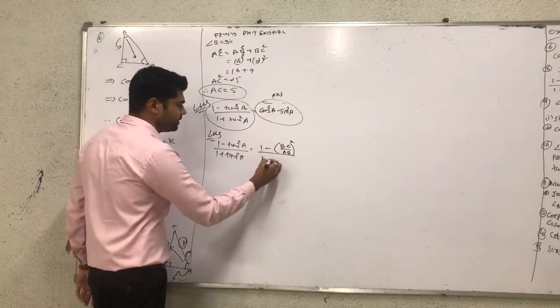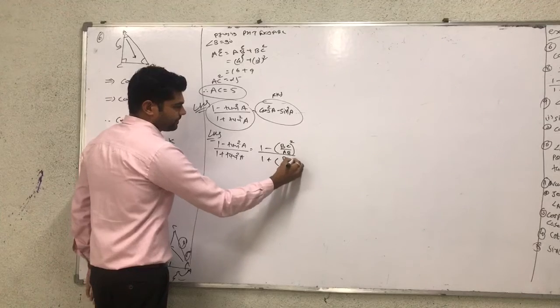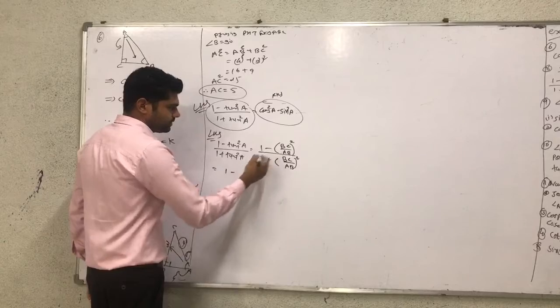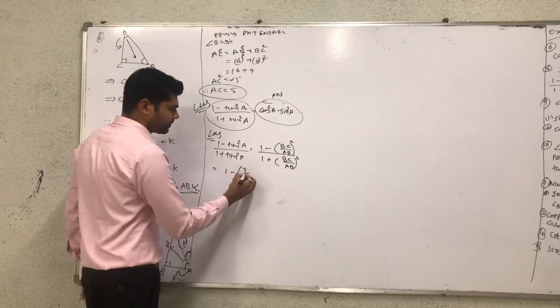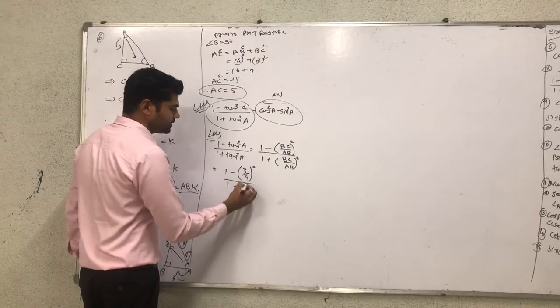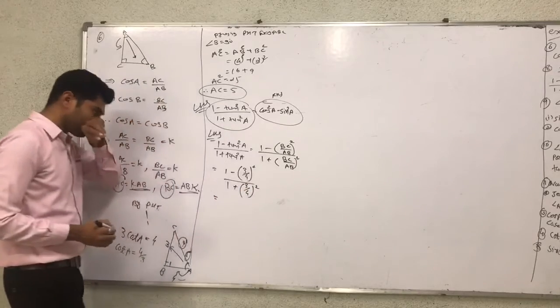The value of BC is equal to 3 and AB is 4, so 1 minus 3 by 4 whole square divided by 1 plus 3 by 4 whole square.